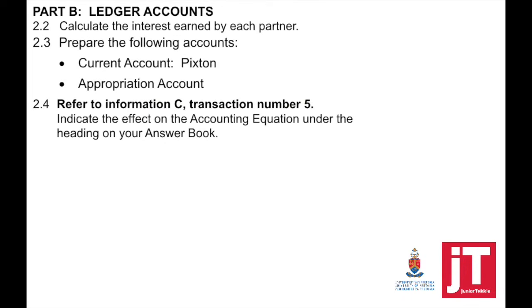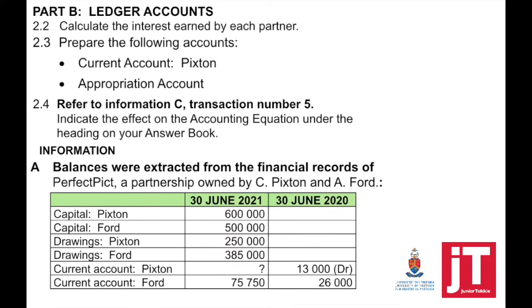Part B focuses on the ledger accounts. So we are now going to look at all these questions individually. Make sure that you familiarize yourself with the information. Take note that the current account Pixton, debit means negative.